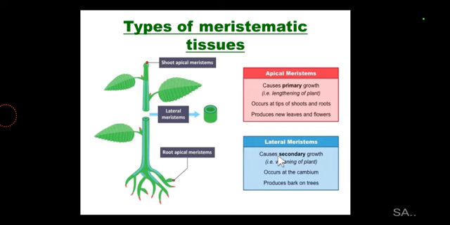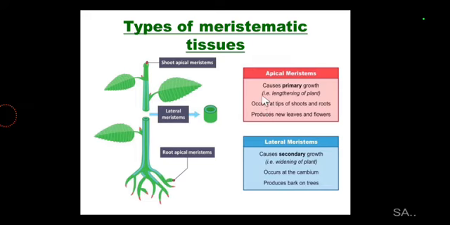Well, if you look at different types of meristematic tissues, then on the basis of their position, they're categorized into apical meristems and lateral meristems. As the name suggests, the apical meristems are present at the apex of the shoot and the root. These are the tips of the root. So these are the root apical meristems, while those apical meristems which are located at the tip of the shoot are making the shoot apical meristems.